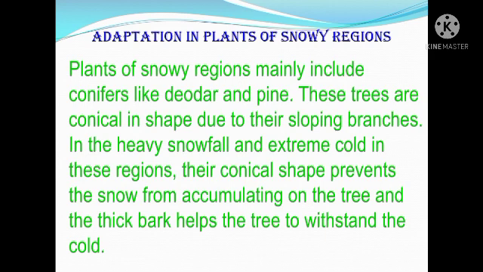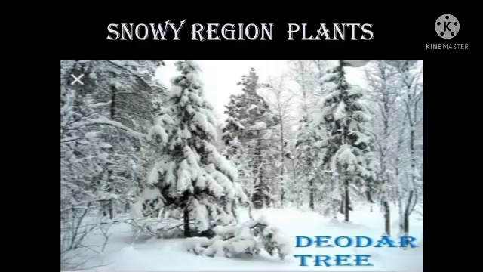What happens here, students? When snow falls on the tree, because the shape of the tree is conical, all the snow slides down from the tree, and the branches of the tree are very thick. So these thick branches or thick bark help the tree to face the cold.